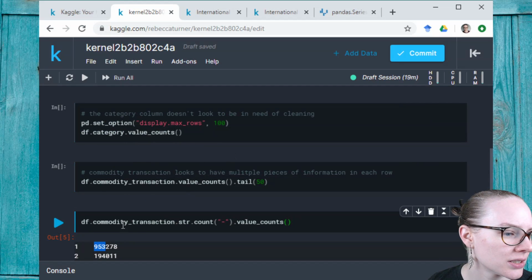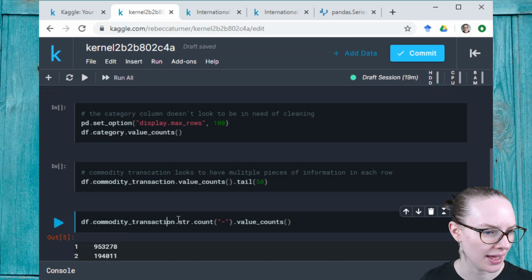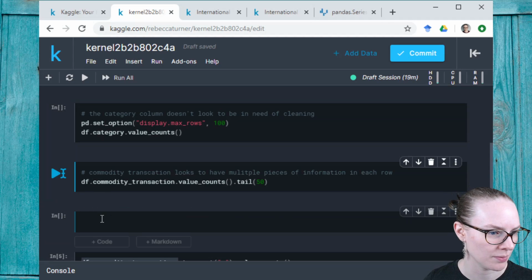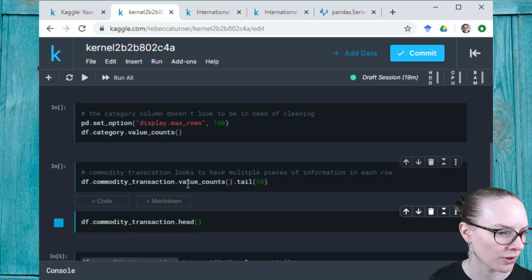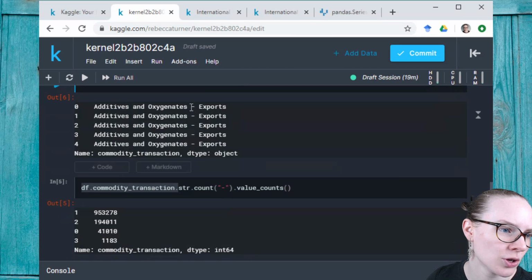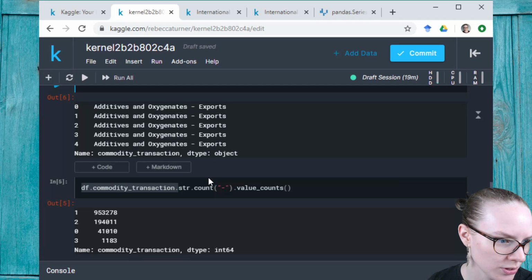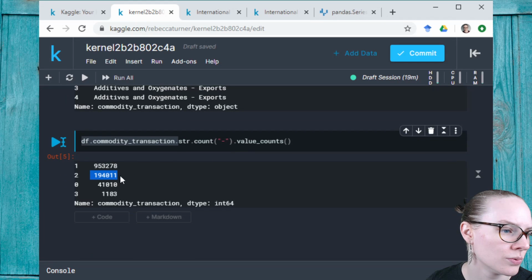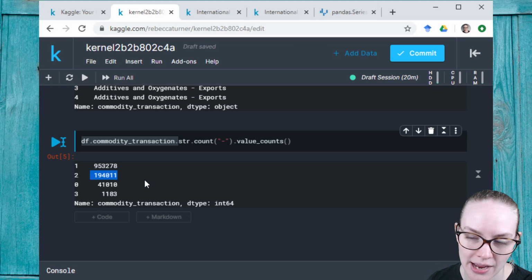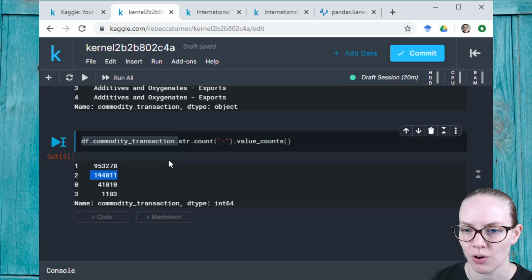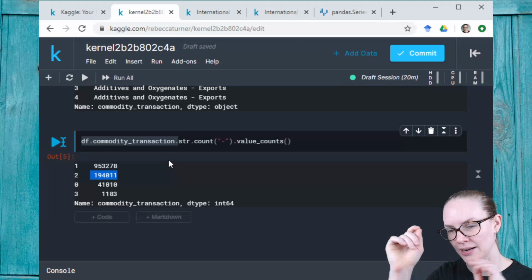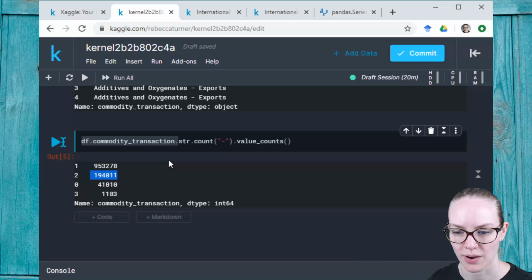Let's pop up the head of this column so it's a little more clear what we're looking at. So one dash per row looks like this: additives and oxygenates dash exports. 194,000 have two dashes. That would be like that example we were looking for, like commodity dash use dash domestic use or whatever it was.